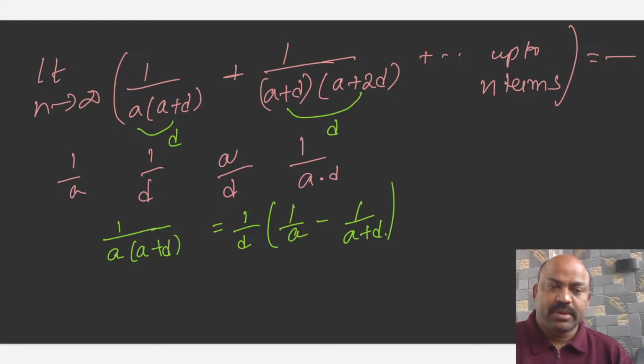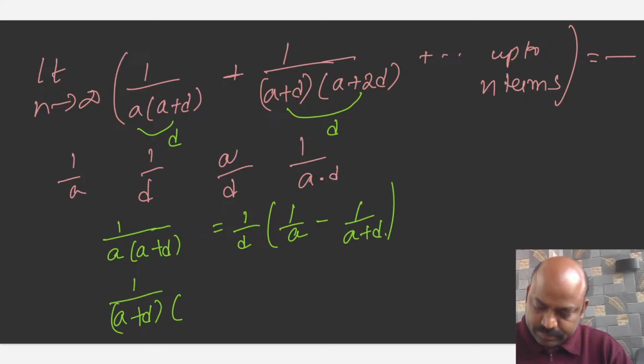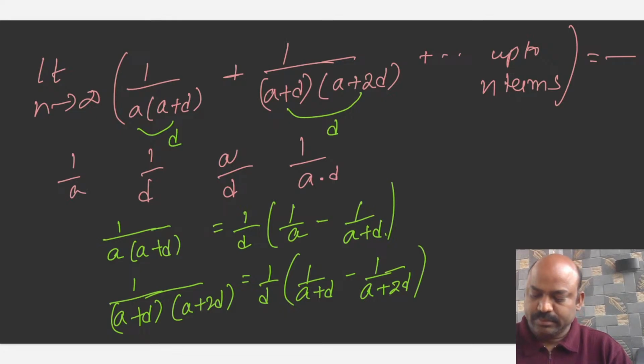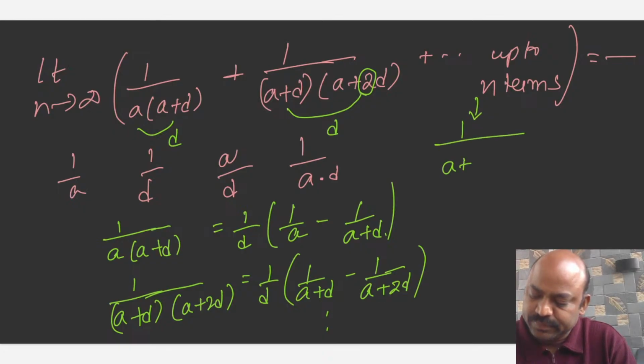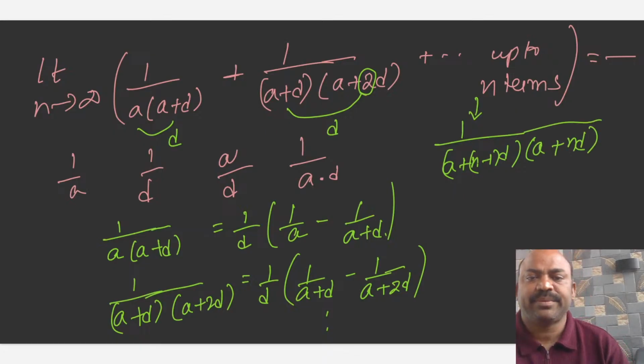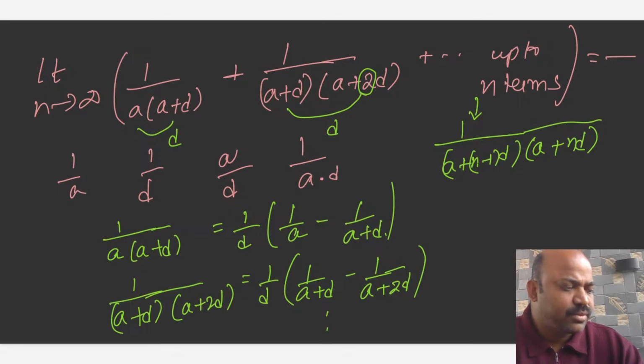Clear? So in all the terms you can write like this, and so on. Just observe what will be the last term. In the second term you have 2d, so in the nth term you will have n minus 1 d into a plus nd. Are you there? Clear, dear?